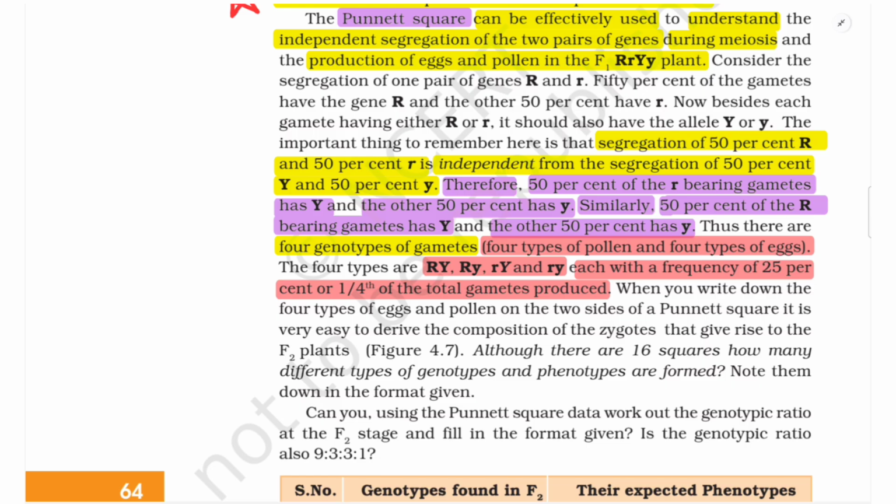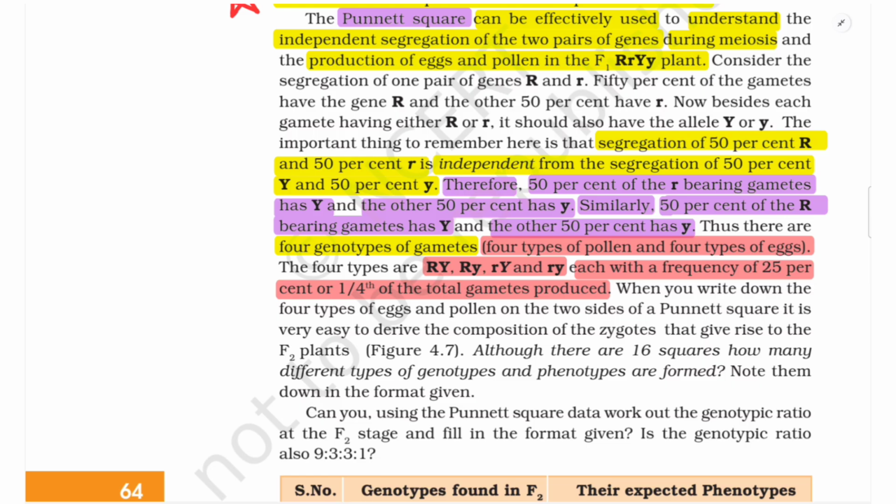Now besides each gamete having either capital R or small r, it should also have the allele capital Y or small y. The important thing to remember here is that segregation of 50% capital R and 50% small r is independent from the segregation of 50% capital Y and 50% small y.